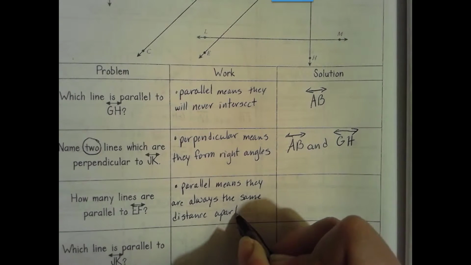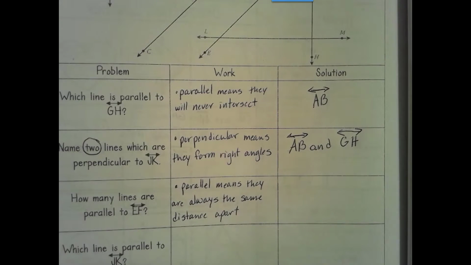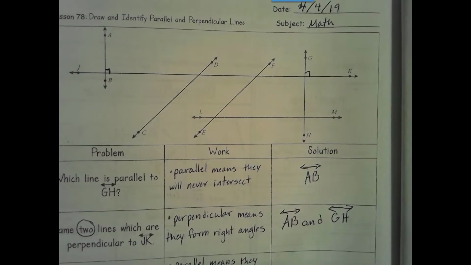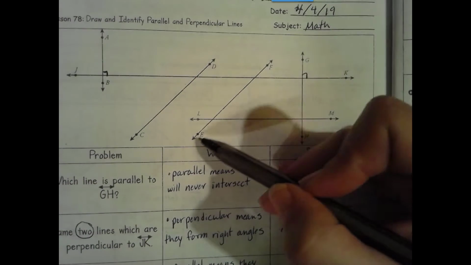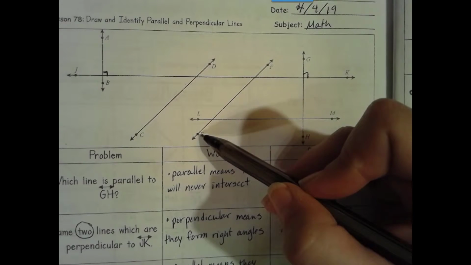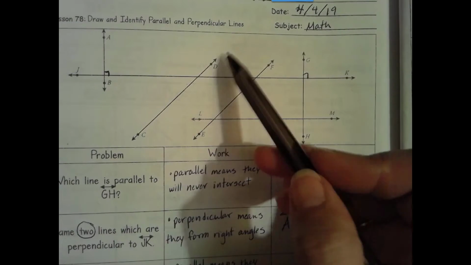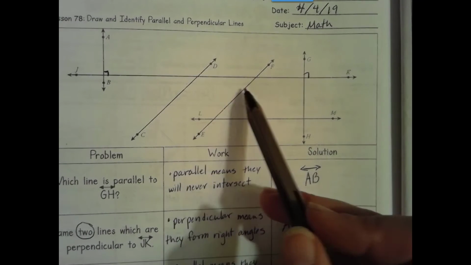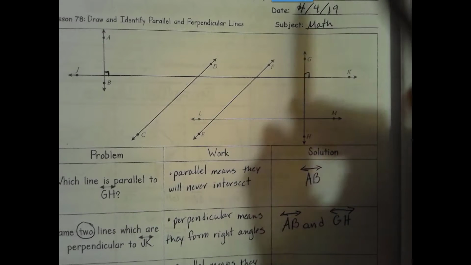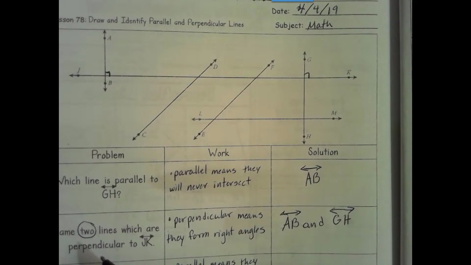Or another way of thinking of it is they will never intersect. So EF right here, well, it looks like DC is exactly the same distance apart the whole way, and if I extend them out either direction, they will not intersect.